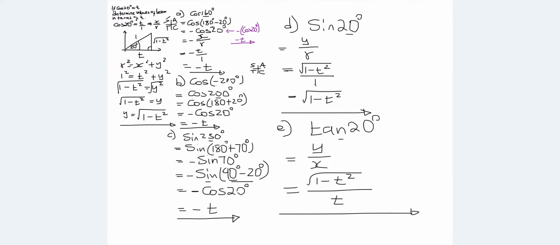Or sometimes they can give it to you in terms of what? Let's say they say if tan 22 degrees is equal to t, write the following in terms of t. So you just make sure that you watch this lesson over and over again until you get the correct answers, because it follows the same principle.